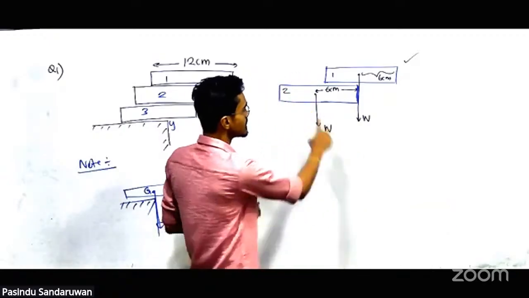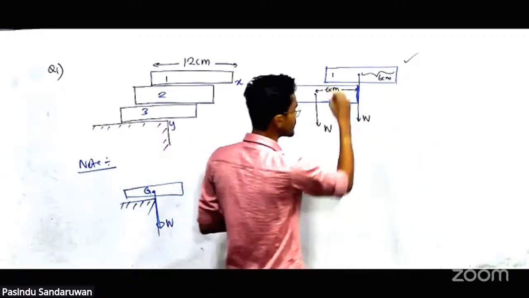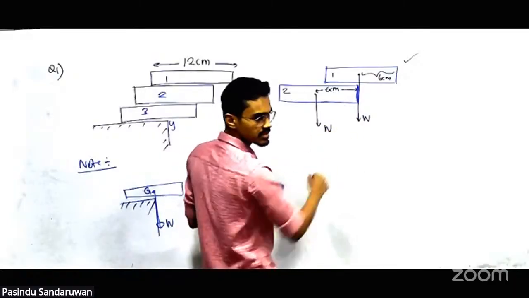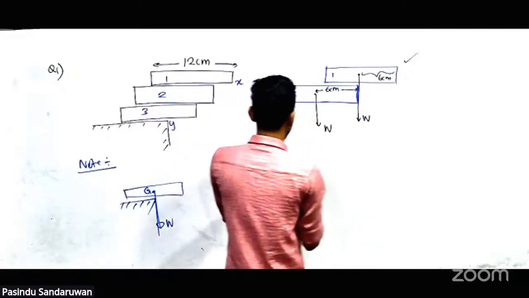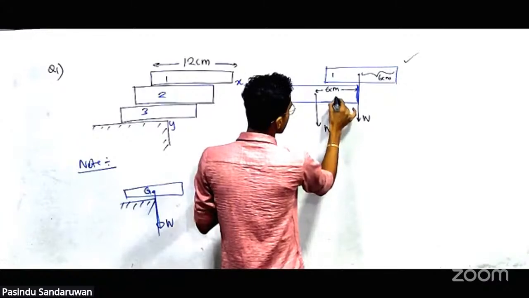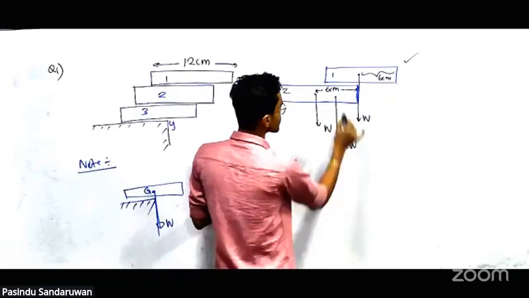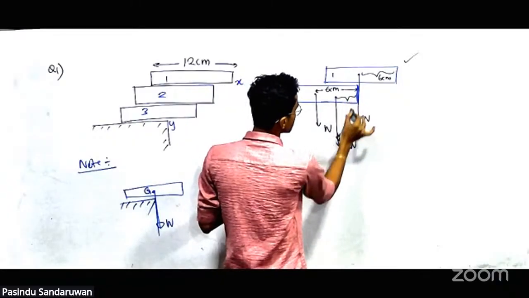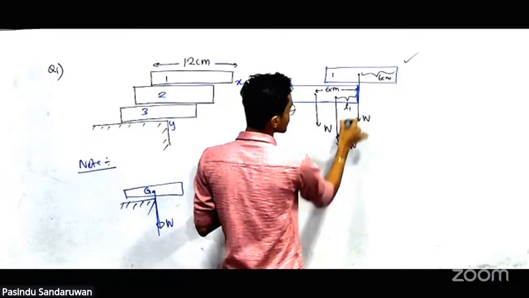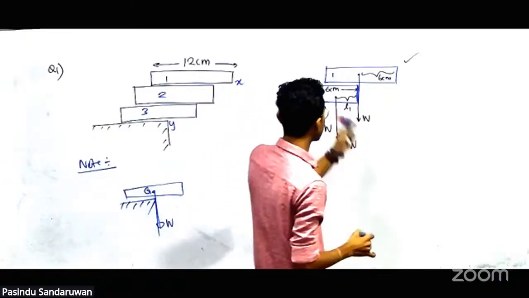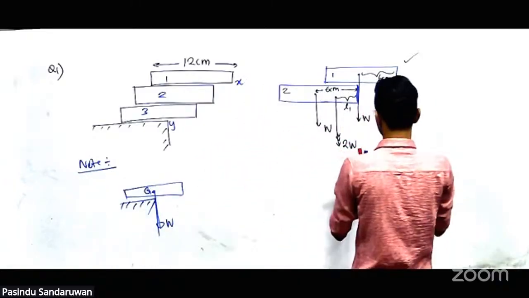Therefore, this is where the force dividing ratio comes into play. Now I have two parallel forces, W and W. I'm going to assume that the resultant of these two is 2W. Let's say this is L1. If I need L1, this is the application of force dividing ratios.